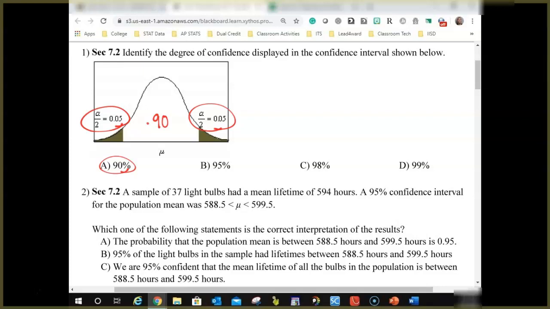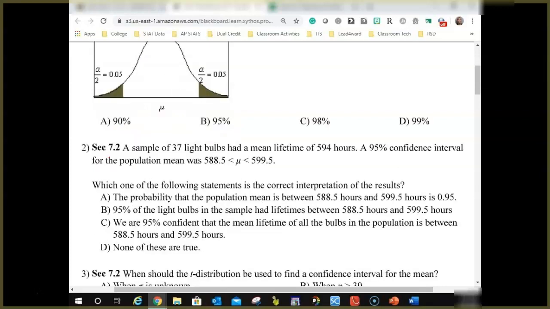And then question number 2 is simply asking us to interpret. So a sample of 37 light bulbs had a mean life of 594 hours. A 95% confidence interval for the population mean was 588.5 all the way to 599.5. Which of the following statements is a correct interpretation?